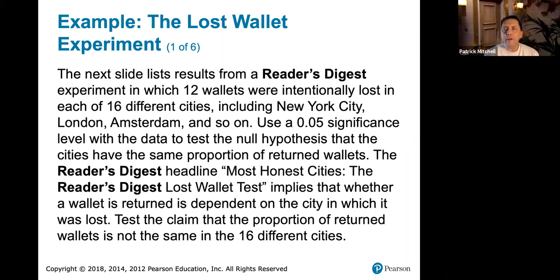Using a 0.05 significance level with the data, we will test the null hypothesis that the cities have the same proportion of returned wallets. The Reader's Digest headline, Most Honest Cities, the Reader's Digest Lost Wallet Test, implies that whether a wallet is returned is dependent on the city in which it was lost. Test the claim that the proportion of returned wallets is not the same in the 16 different cities.